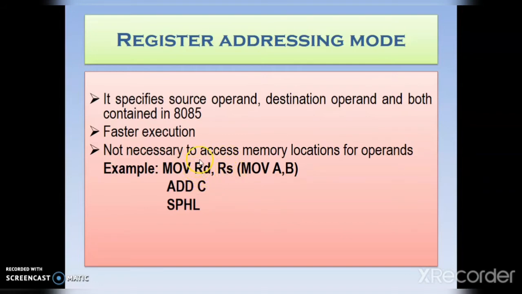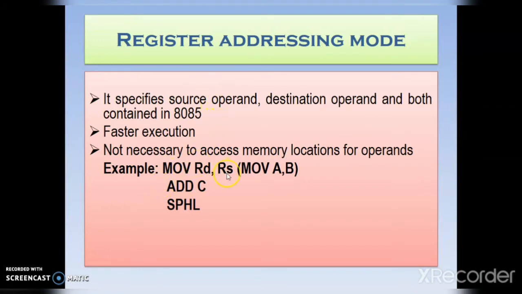This is the source and this is the destination. Also, register addressing mode has either a register pair or a register. This one is a register and this one is a register pair. A and B represent registers and HL represents a register pair. So in this addressing mode, we have either a register or a register pair. We have two combinations in this concept.